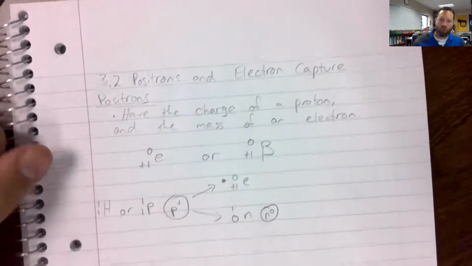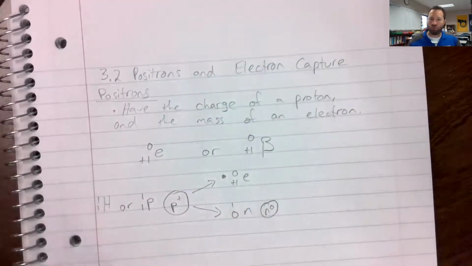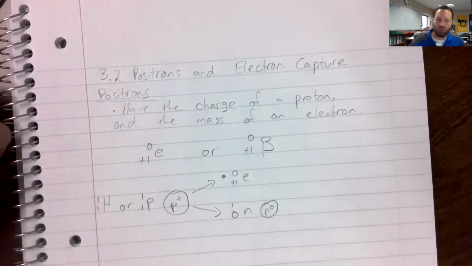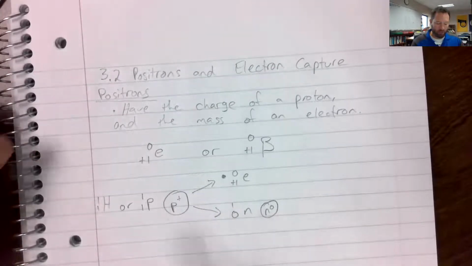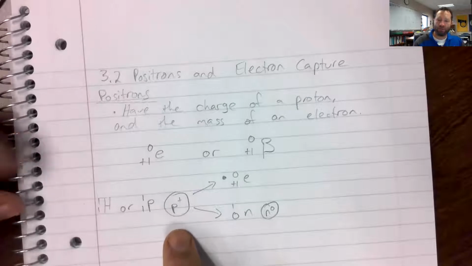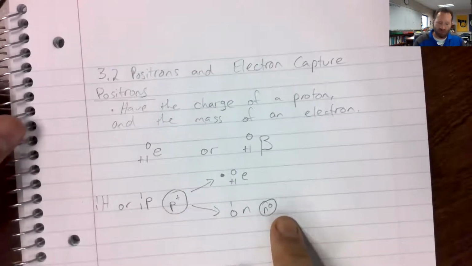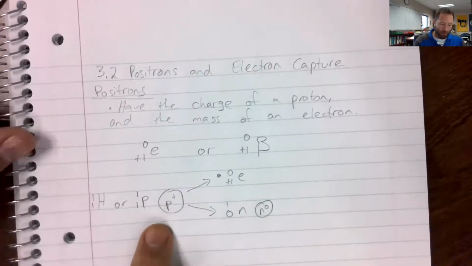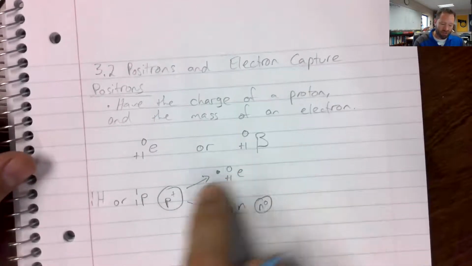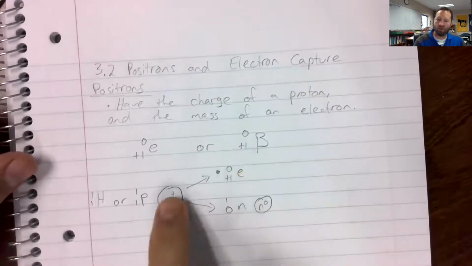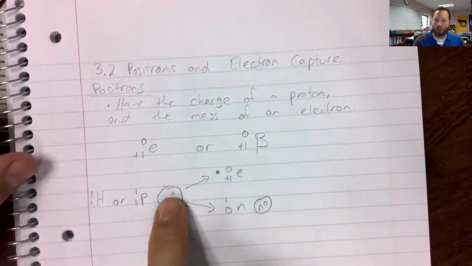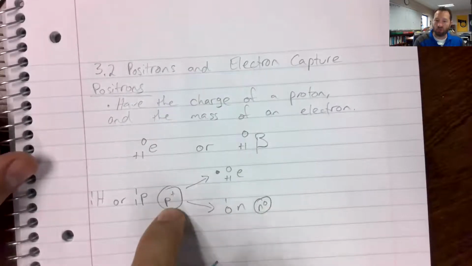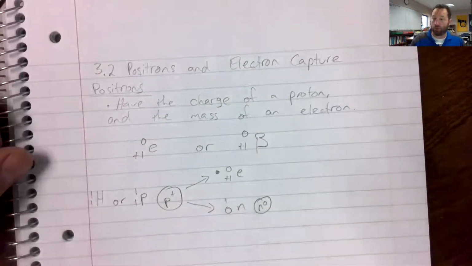And again, that can help our ratio. If you're thinking about the proton to neutron ratios in the nucleus, let's say you have 21 protons and 19 neutrons. Well, through a positron emission, release that positron, there it goes. Through a positron emission, you can turn a proton into a neutron. So 21 protons would become 20.